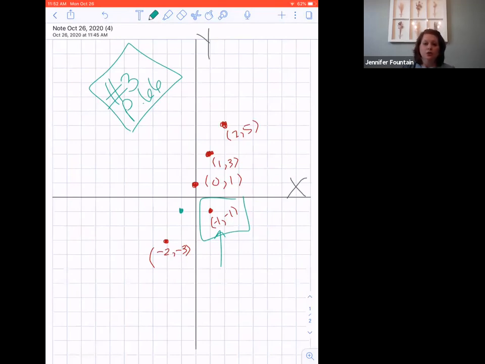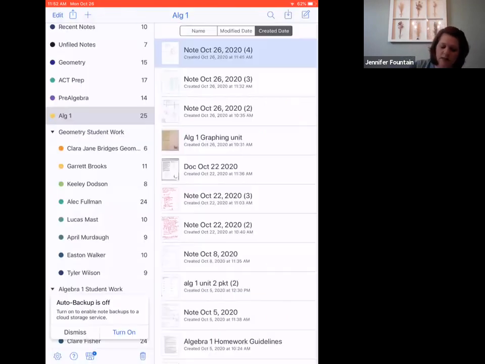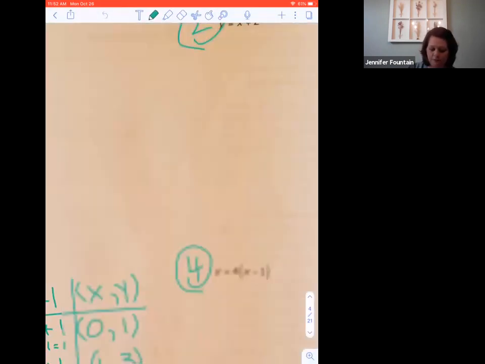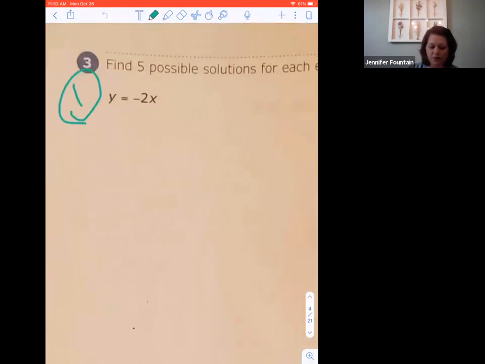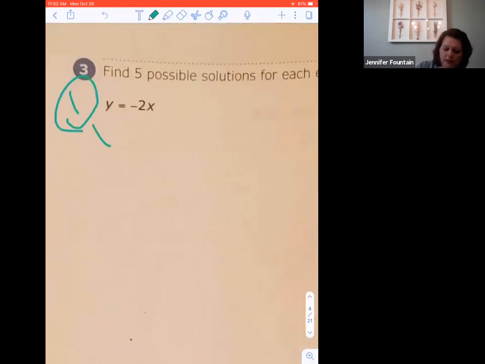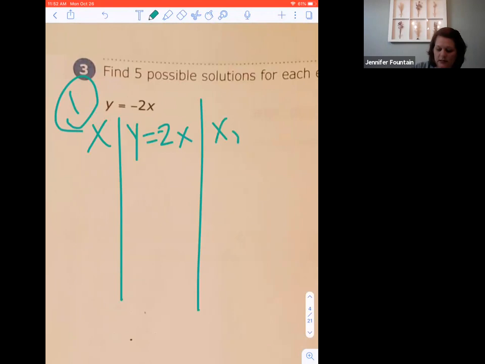Now, if you used a brand new sheet of graph paper, you should have 3 more blank squares left to be able to graph the next problems. So let's go ahead and work on the other 3. I'll help you get your table set up for the first one. Remember where you have x, y equals negative 2x, and then x, y.